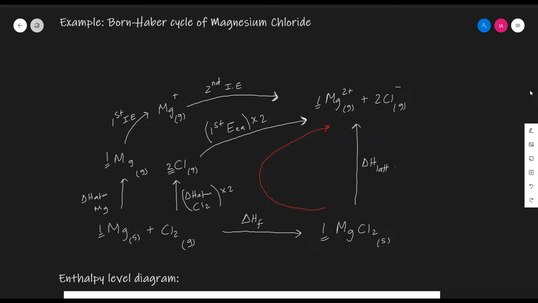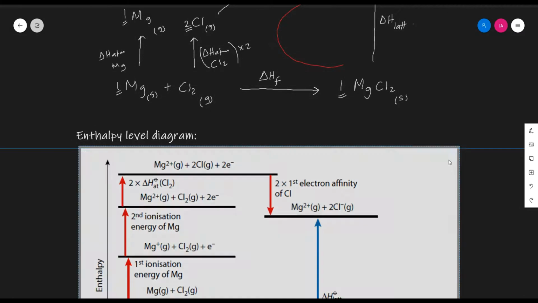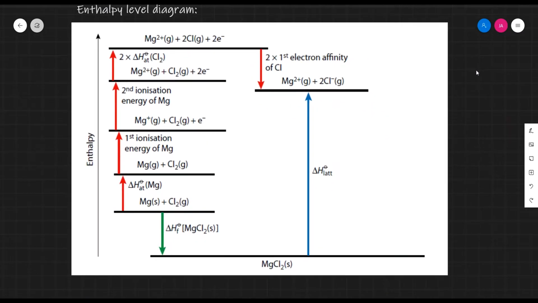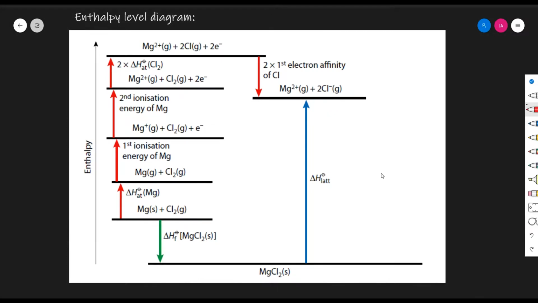I've taken a snapshot of the book as well to show you how this should be drawn using an enthalpy level diagram. As you can see here, as stated previously, I would start by placing at the bottom the enthalpy level of magnesium chloride, theoretically speaking, of course, magnesium chloride solid.